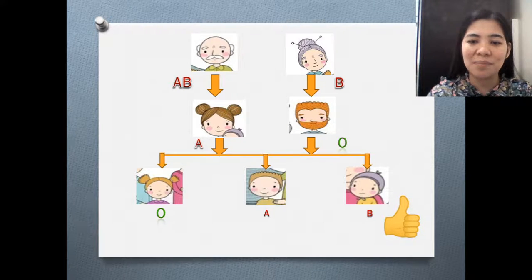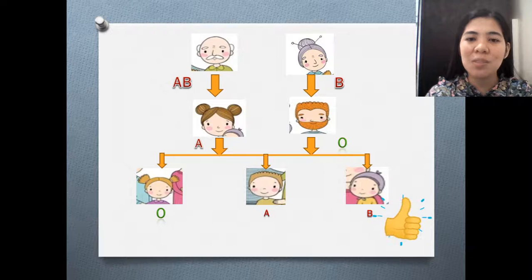Now, is it important that we understand how we acquire the different genetic traits? Yes, it is, so that we will be able to predict if a species is already in danger, and we can make species protection and conservation plans for these types of traits. Okay, do you have any question?